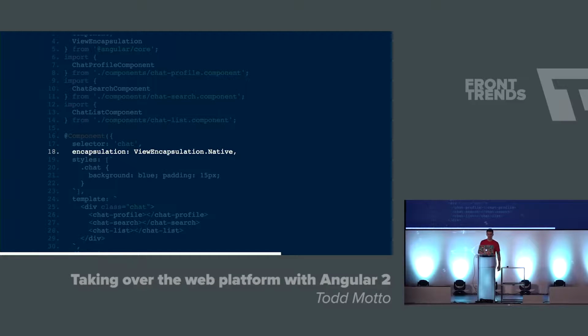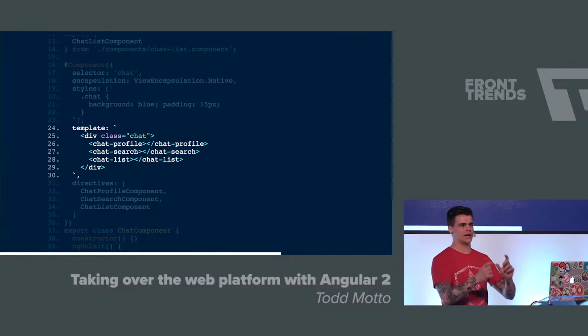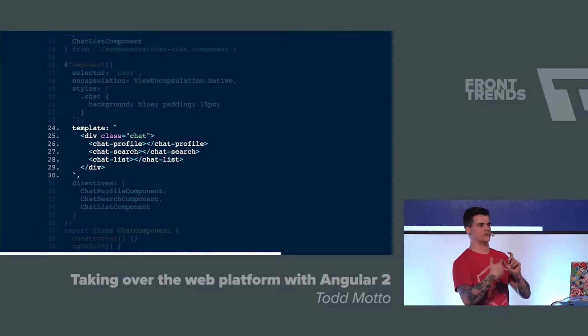If you wanted to change view encapsulation from native, like if you wanted to support a browser like IE9 in Angular 2 that doesn't support Shadow DOM, you can then say .Emulated, which emulates Shadow DOM. It goes ahead and creates, on each of these elements, an attribute that's dynamically generated.